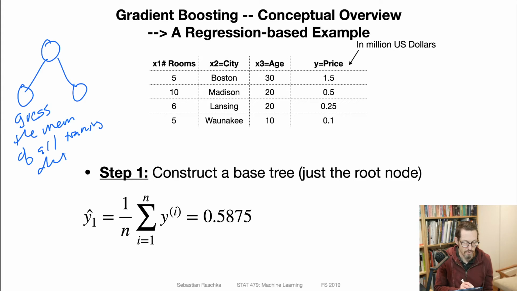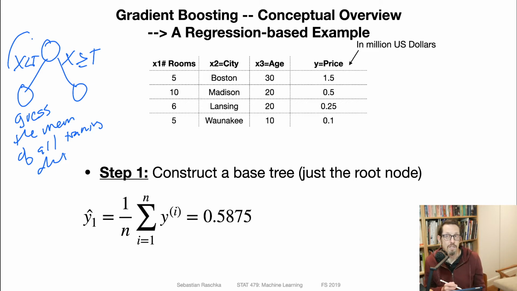So if this is x less than a threshold, and this is x greater than or equal to the threshold, then for all of the x that meet this criterion over on this side, we're going to take the training data that meet that criterion, find their mean, and guess that for every test set sample that comes through here that happens to meet the x less than t criterion.